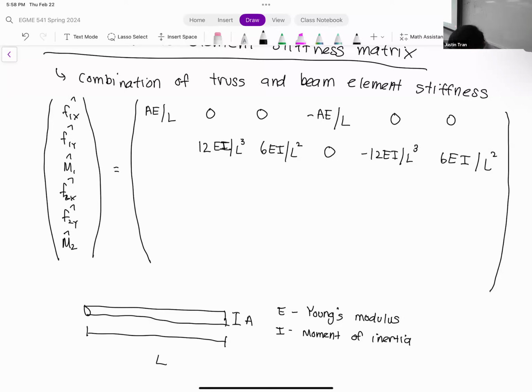So third row here with 4 EI over L squared. Okay. Then we have a 0. I have a minus 6 EI over L squared. And then we have 2 EI over L.